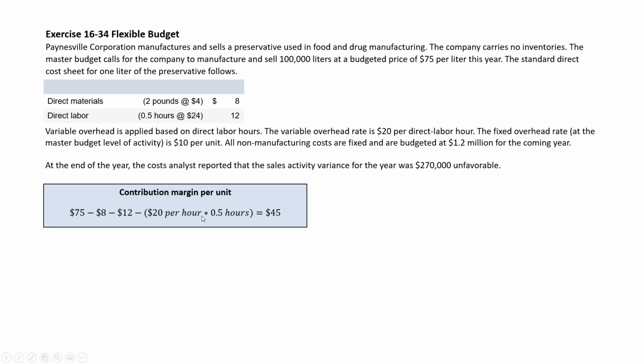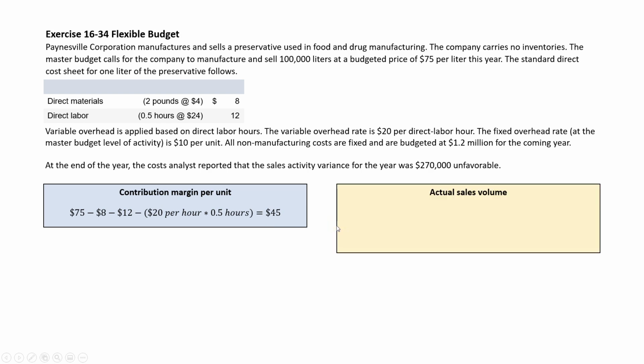If there had been any variable selling and administrative costs, I also would need to subtract those here, but they didn't want to make this problem too complicated. So 75 minus 8 minus 12 minus 10, subtracting all the variable costs, is $45 in contribution margin per unit. Again, we're only a couple steps away.